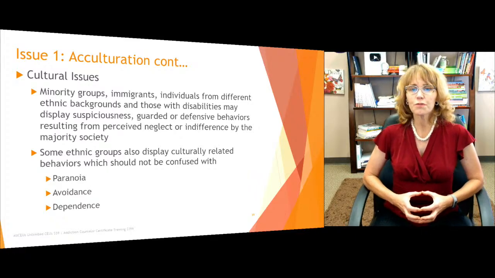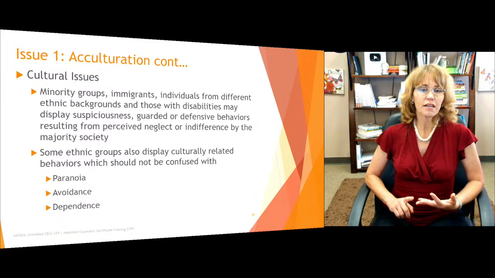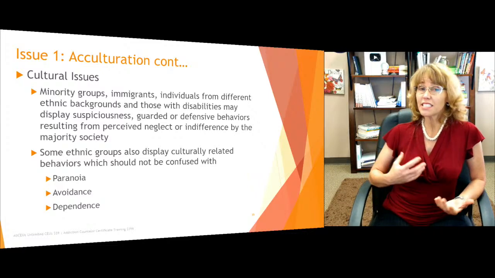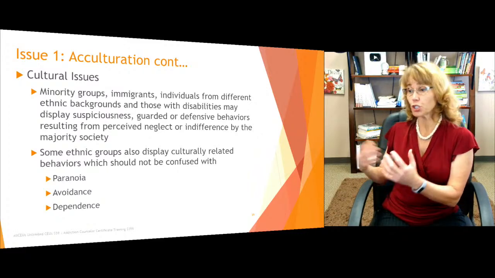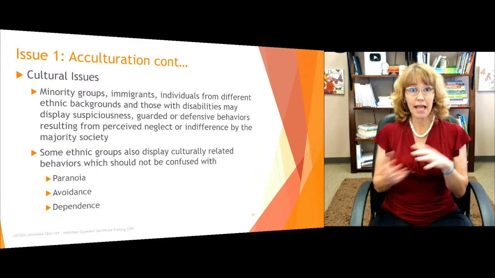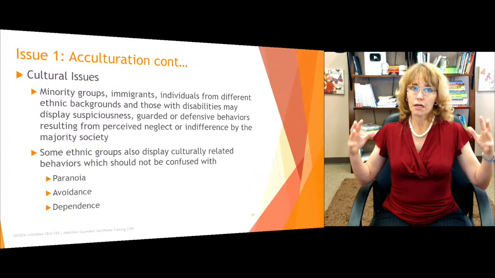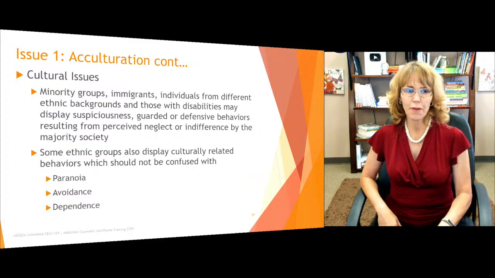Some ethnic groups also display culturally related behaviors which should not be confused with paranoia, avoidance, or dependence. Some cultures are very different in what is considered appropriate for children to do and how they interact with their parents or how couples interact. So we do want to make sure that we're paying attention to that.